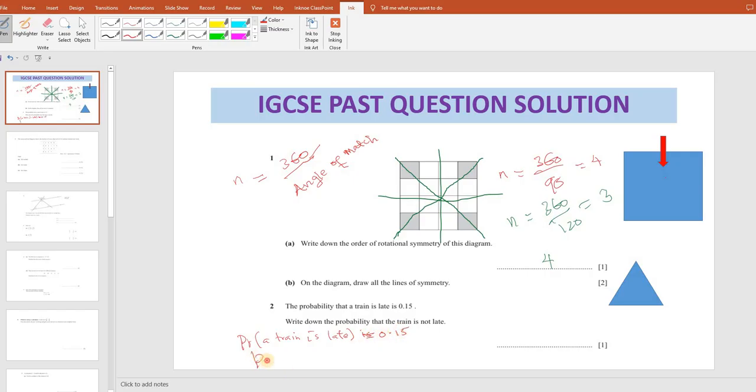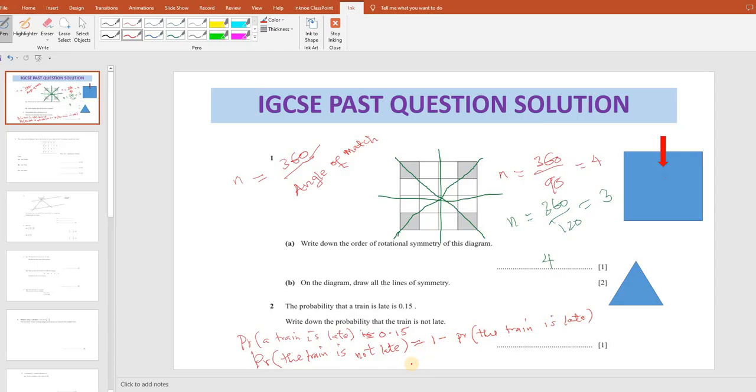The probability the train is not late will be equal to 1 minus the probability the train is late.